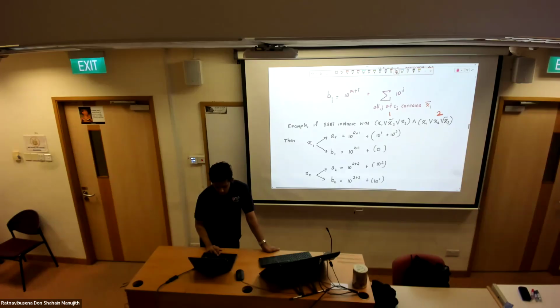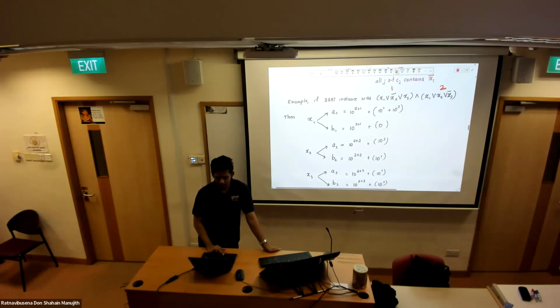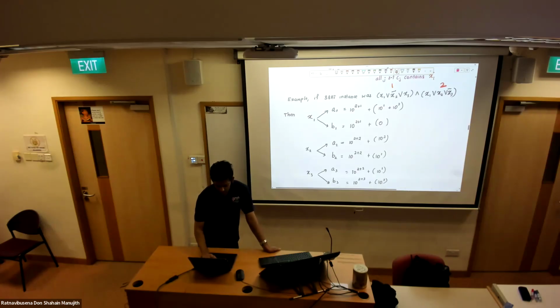And similarly, for B2, we add 10 to the 2 plus 2, because m is 2 and also i equals 2, plus we go over all j such that Cj contains x2 bar. The only clause that contains x2 bar is the first clause. So we add 10 to the 1. And similarly for x3 you define a3 equals 10 to the 2 plus 3 plus you look at every clause that contains x3.